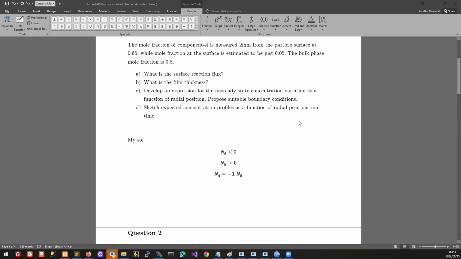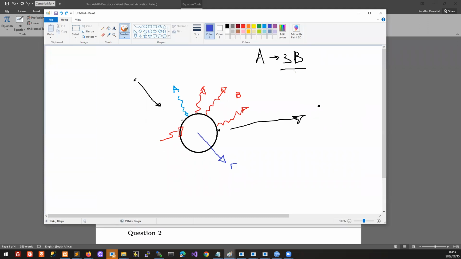So if we think about this, A gives us 3B. So we have 3 times as much of B being formed as A. So NB is 3 times as much as NA. And it's a minus, so it's a minus 3NA.